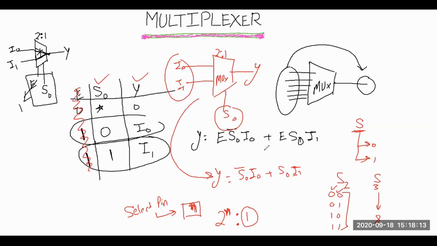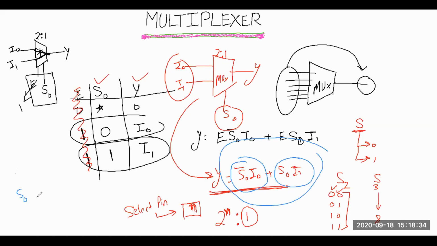If I draw this expression, you already know that first you need one AND gate, a second AND gate, and then one OR gate for doing the OR operation between these two. So I will take one select, S0, and two AND gates.